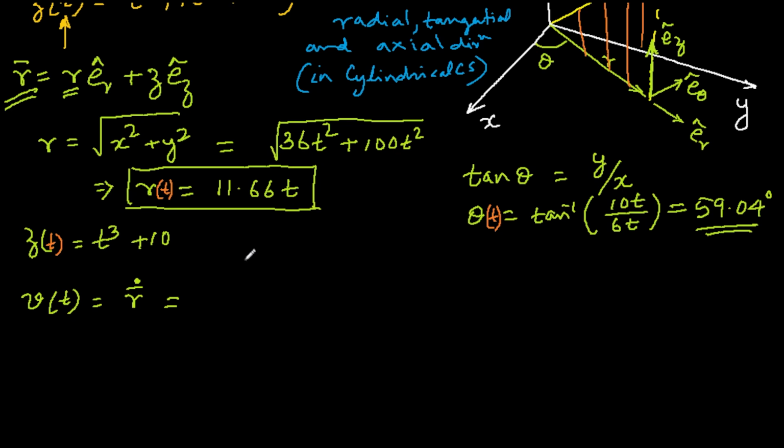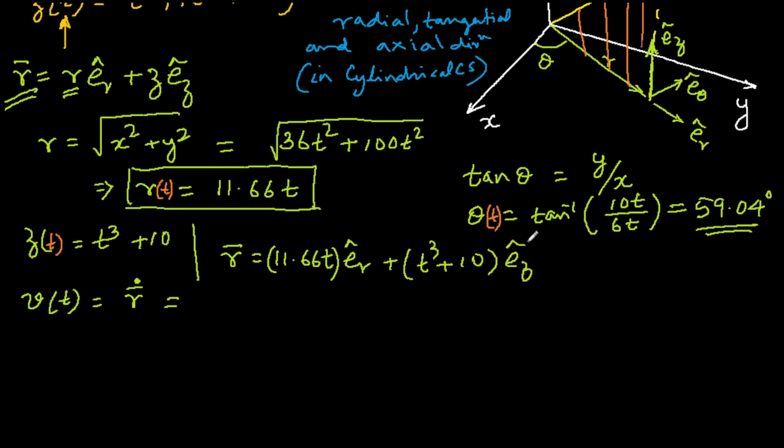Yes, just for the sake of it. R is equal to 11.66 t eR plus (t cubed plus 10) eZ, in meters. That is the position vector of the particle.